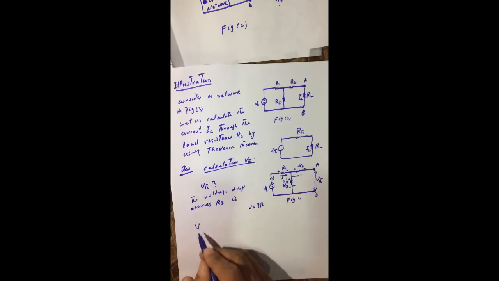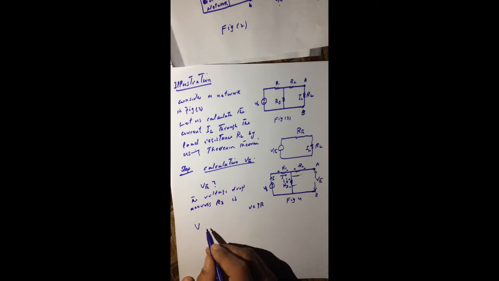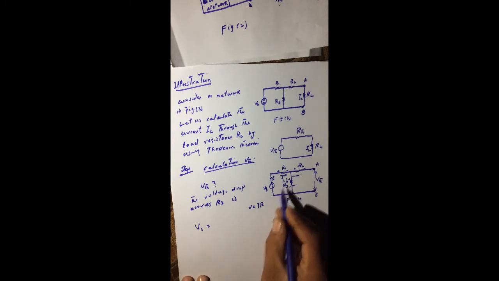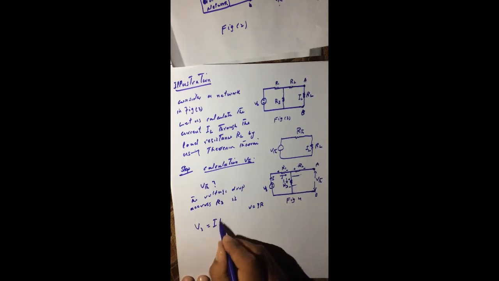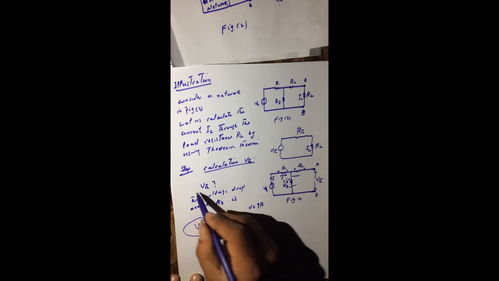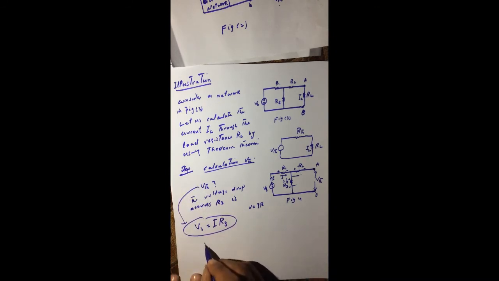The voltage drop across R3, which I represent by V3, is equal to the current flowing through this resistor, I, times the resistance R3. And this voltage drop is basically this Thevenin voltage. So the Thevenin voltage will be equal to I R3.